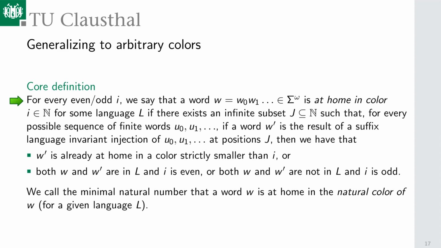For every even or odd I, we say that a word W is at home in color I for some language L if there exists an infinite subset of indices J such that for every possible sequence of finite words U0, U1, and so on, if a word W prime is the result of a suffix language invariant injection of U0, U1, and so on at the positions in J, then we have that either W prime is already at home in a color strictly smaller than I, or both W and W prime are in L and I is even, or both W and W prime are not in L and I is odd.